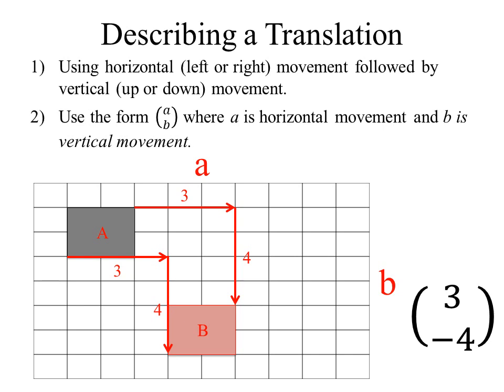There's our formula, okay? 3 over negative 4, indicating that it is moving 3 to the right because it is a positive number, and negative 4 down because it is moving down. So A is 3, B is negative 4.